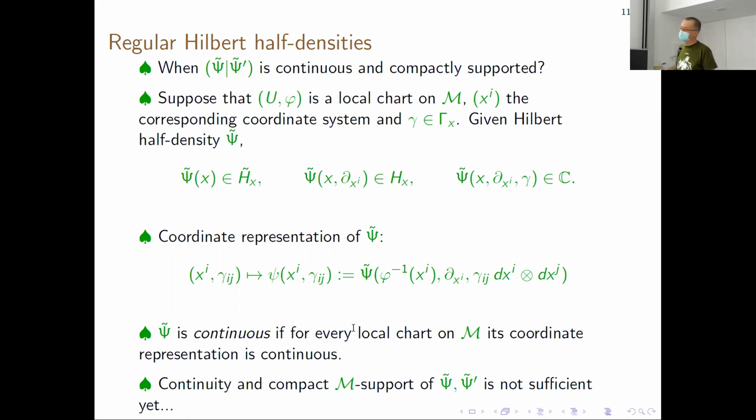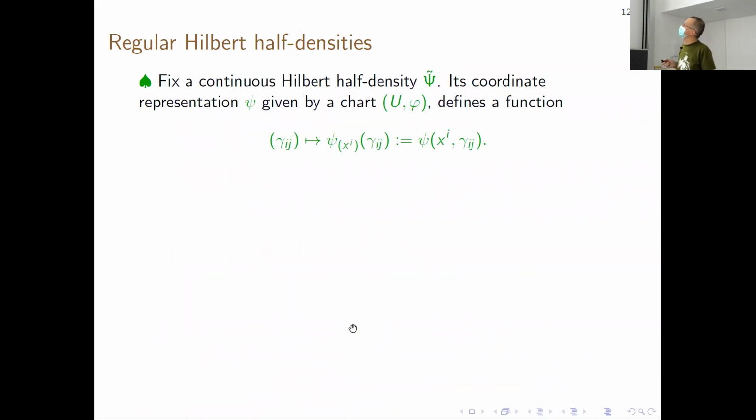Okay, so to impose these additional requirements, let me fix a continuous Hilbert half density. And now its coordinate representation given by a chart allows me to define the following function. So this is the function defined only on the components of the scalar product.